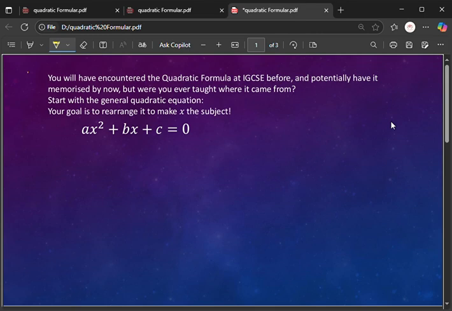So for Math AS and A-level Math, Cambridge curriculum, the paper code is 9709.